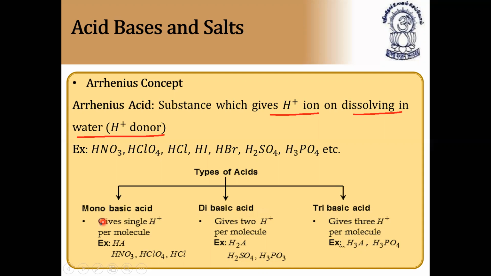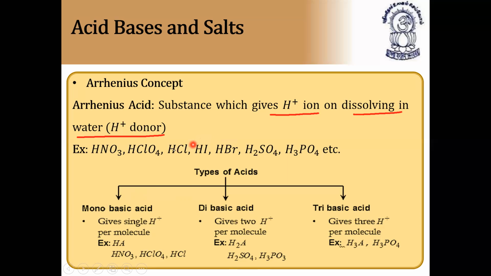A monobasic acid, when dissolved in aqueous solution, yields only one H plus ion. Dibasic means that when dissolved in water it yields 2 H plus ions. Examples: sulfuric acid and phosphorous acid. And this is phosphoric acid. So these are the types of acids.